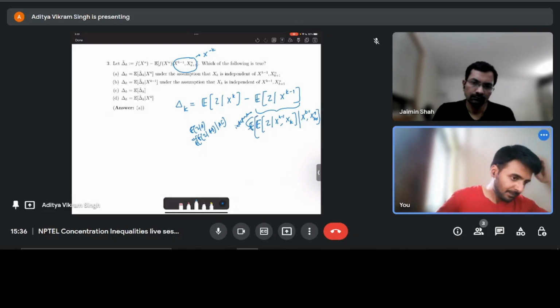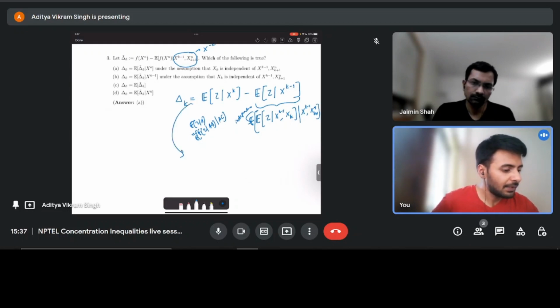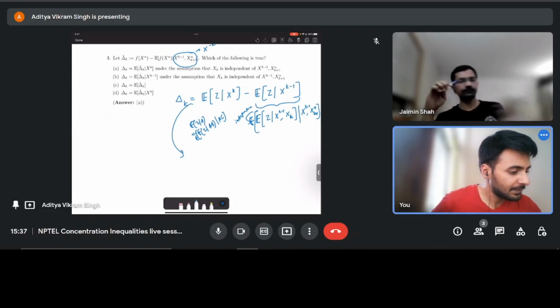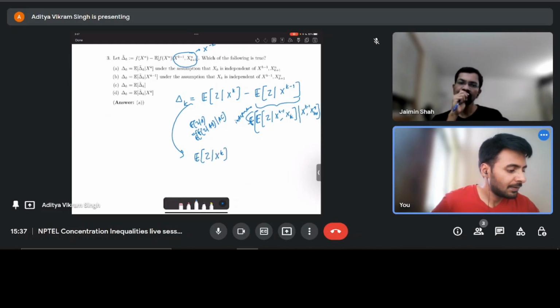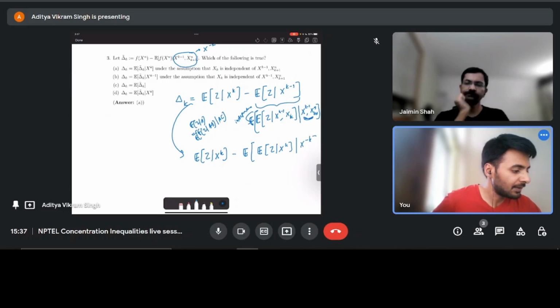This requires independence, and so delta k is the same as the expectation of Z given Xk minus the expectation of Z given X of minus k. We only left out minus k.